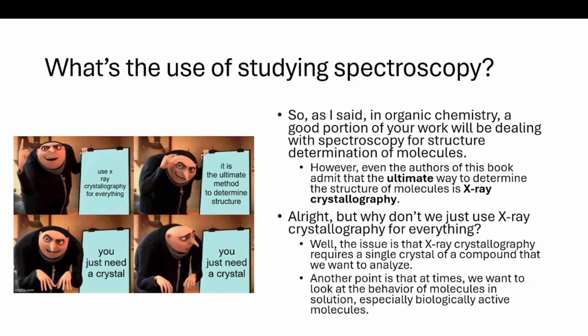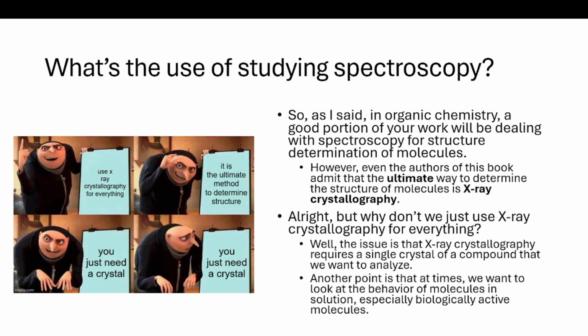By getting a unique diffraction pattern, we can work backwards to figure out the shape of this molecule. The authors actually admit that X-ray crystallography is the best method to determine structure.